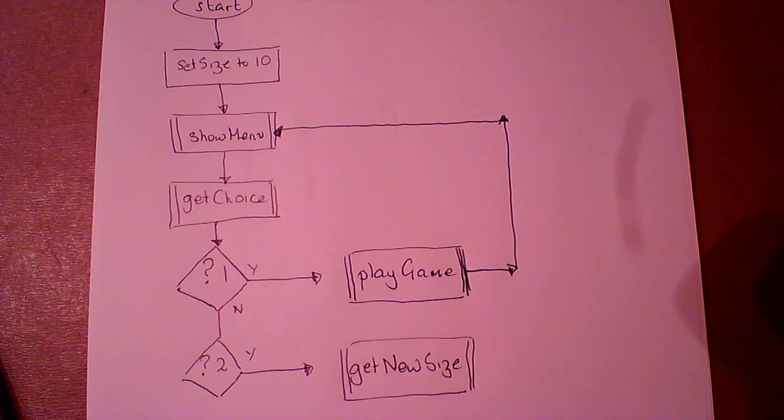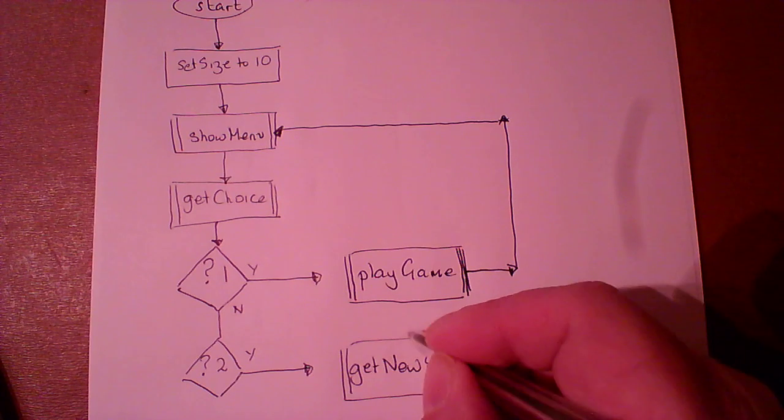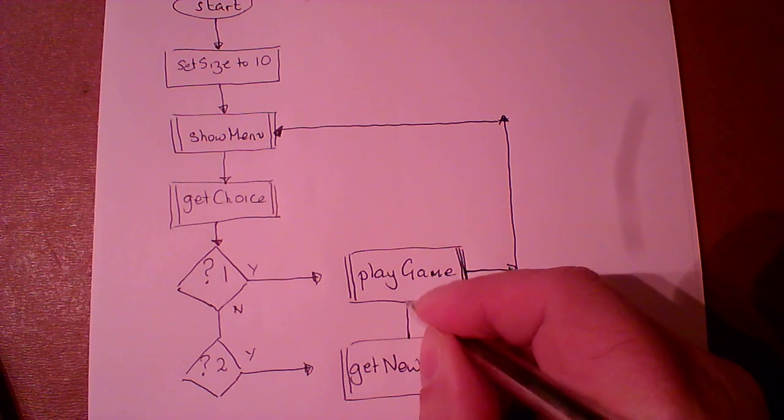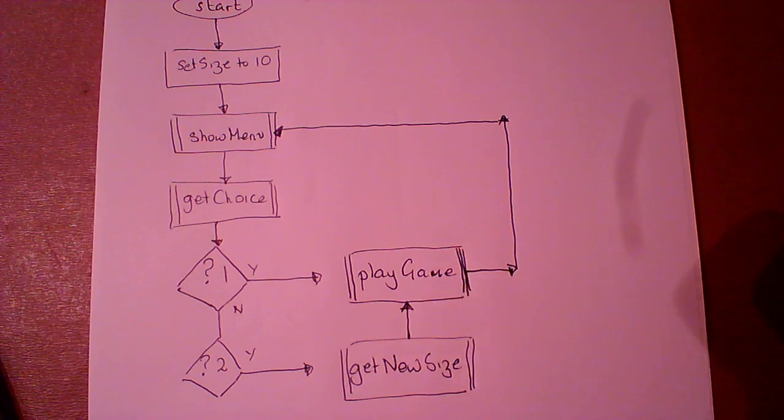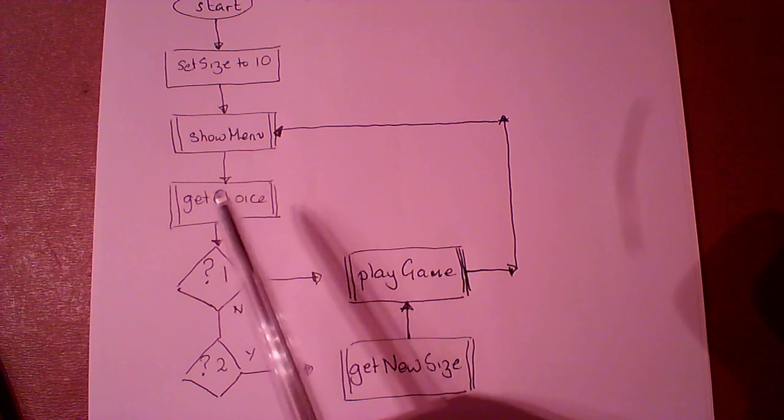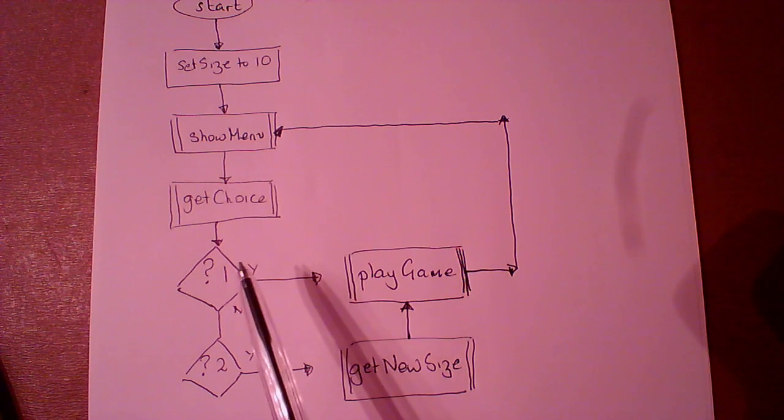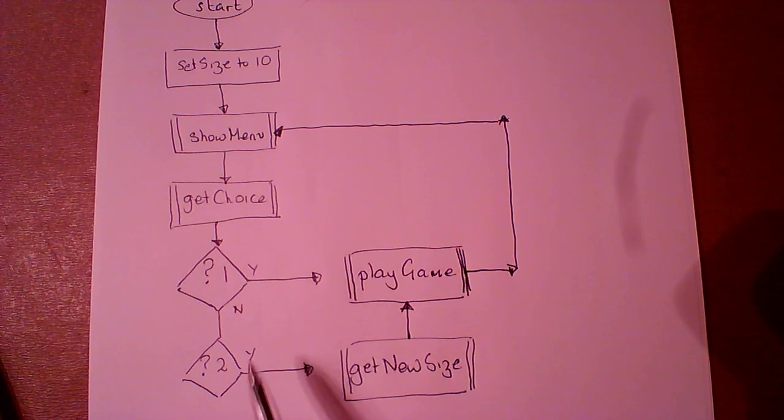And once they've gotten the new size, what they want to do is play the game with the new size. So I'm going to take an arrow from get new size back up to play game. So they're going to get the new size, then play the game. When they finish the game, it's going to take them back up to the show menu, get another choice. They could either choose 1 or they could choose 2 and get yet another size, perhaps they really want to make it difficult.